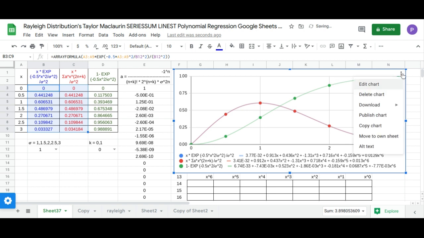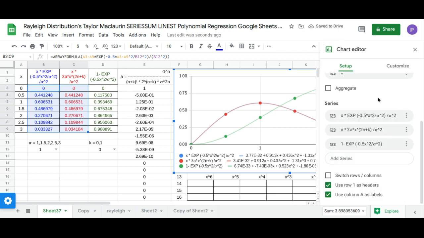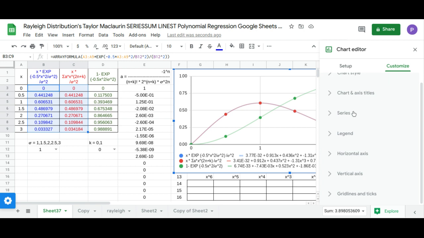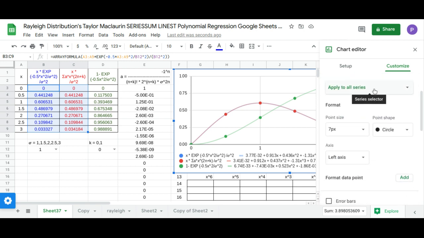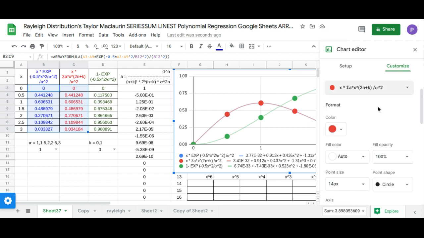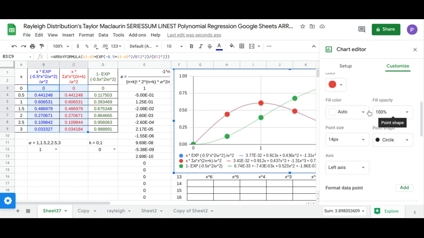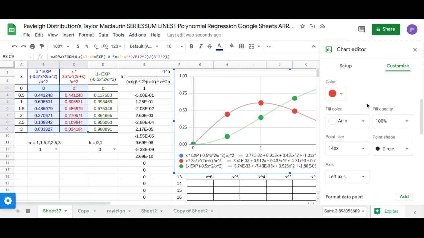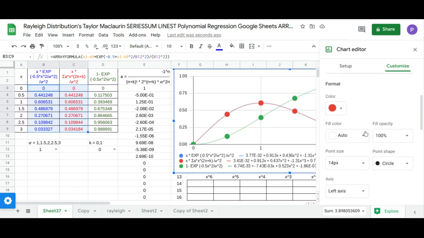And in case of the polynomials, the point size will be maximum, except for the expansion, there will be none. So the point size is none.